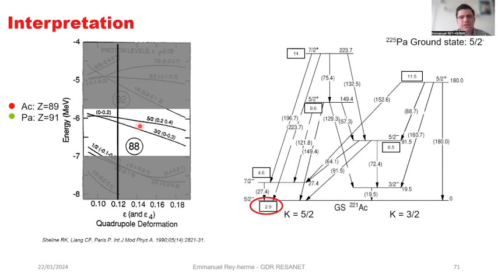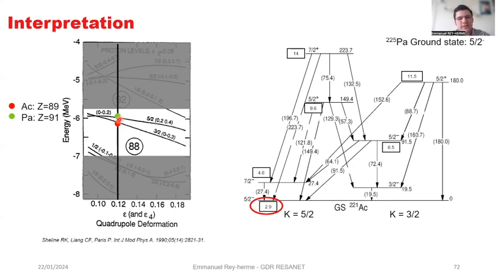So if we imagine we have a fixed deformation like this, the main orbitals would be here, with one proton on the 3/2 orbital for the actinium isotopes, and 2 protons on the 3/2 and 1 proton on the 5/2 for the protactinium isotopes. However, this would mean that the ground state of actinium-221 would be a 3/2 orbital and would not be the same as for protactinium isotopes.